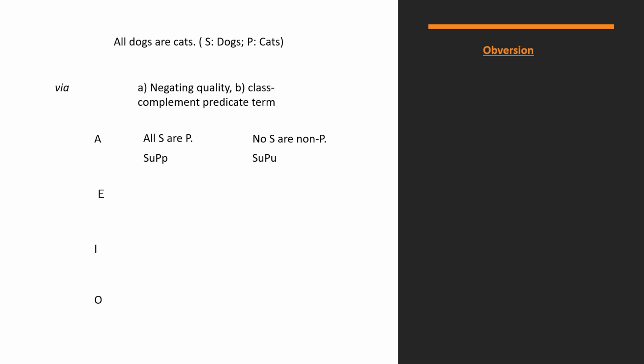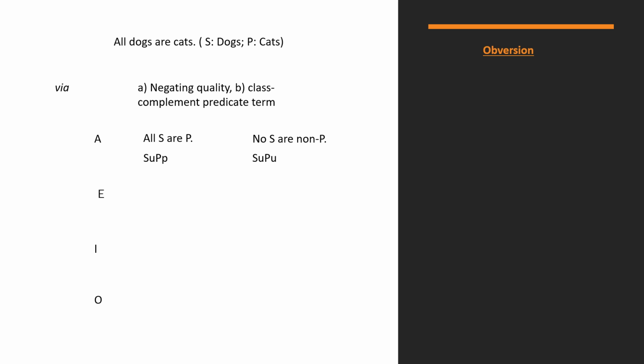So you just negate the quality without touching the quantity. But then you class complement the predicate term. So from P to non-P. So we'll get this: no S are non-P. Again, you negate the quality, which is affirmative in the original, and you class complement the predicate.